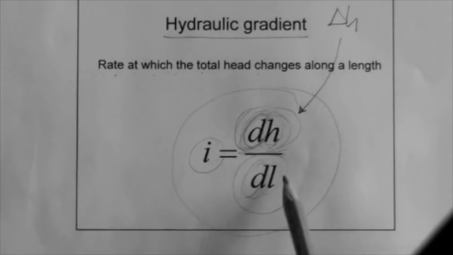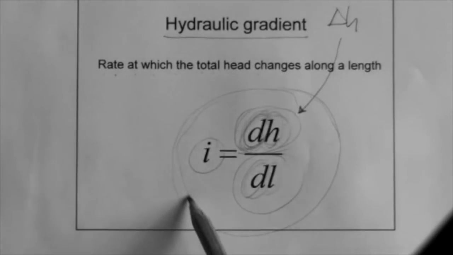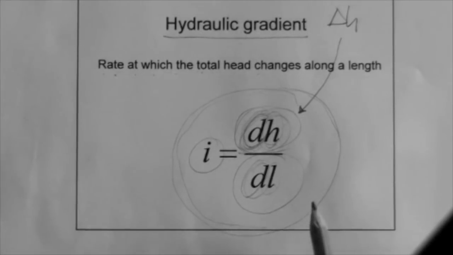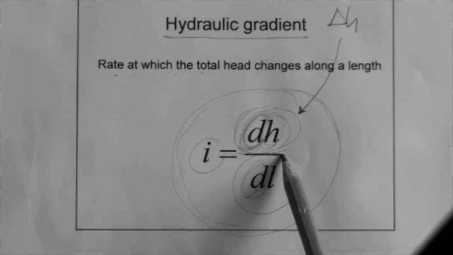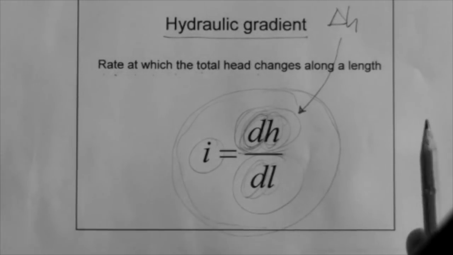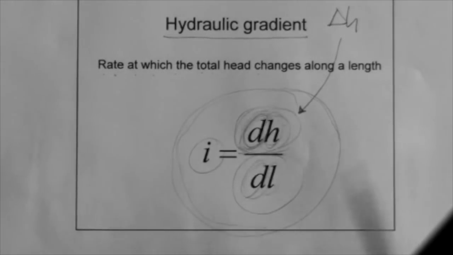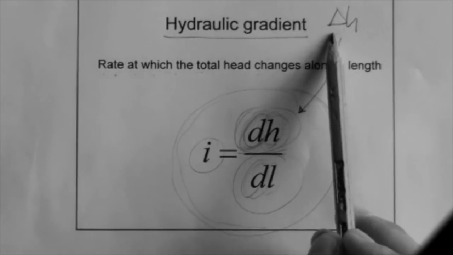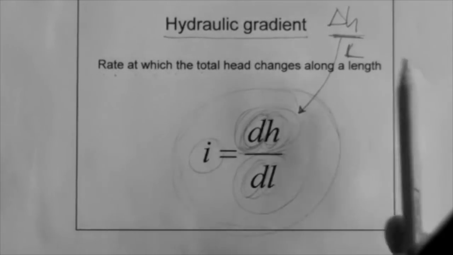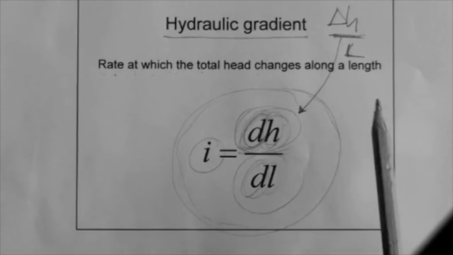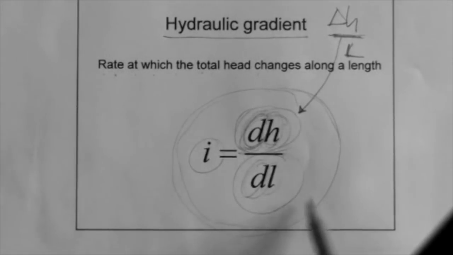For now I'd like you to just have this definition in the back of your mind. But you'll see later how it is written in a non-calculus format, where we actually use delta H and L, because we have finite problems in engineering, so we don't have to use this particular equation.